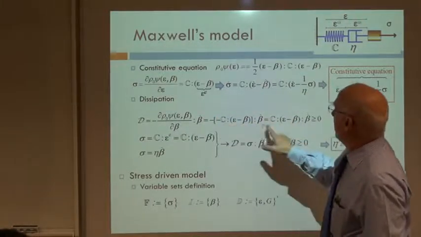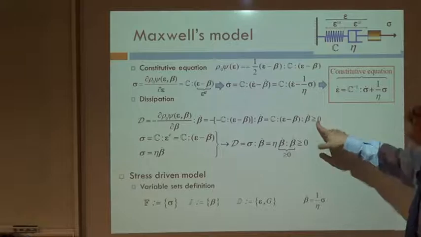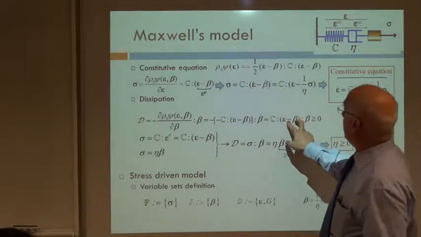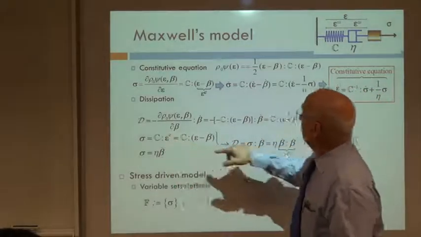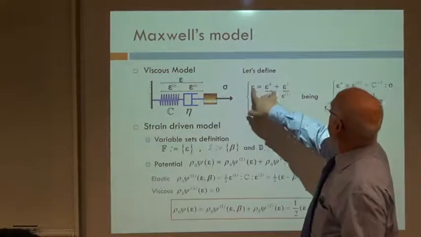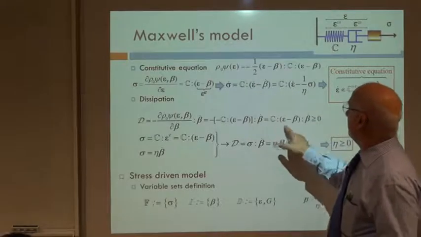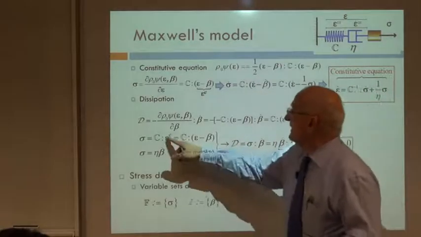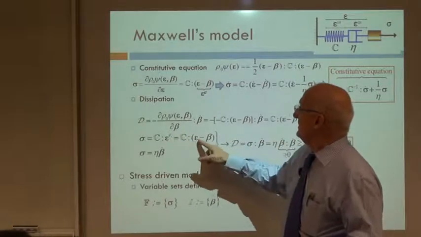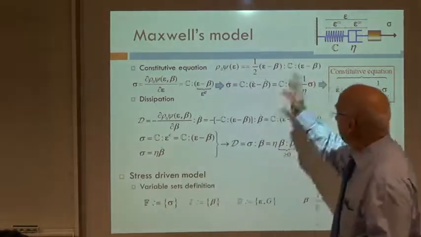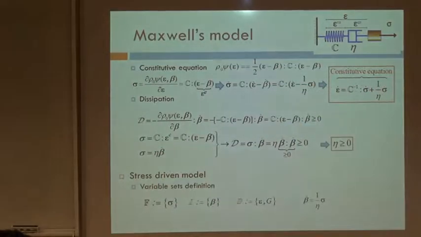So finally, minus times minus is that value here. Just some manipulation: epsilon minus beta is the elastic strain. And sigma is equal to eta times beta dot, something that I have from the evolution equation.